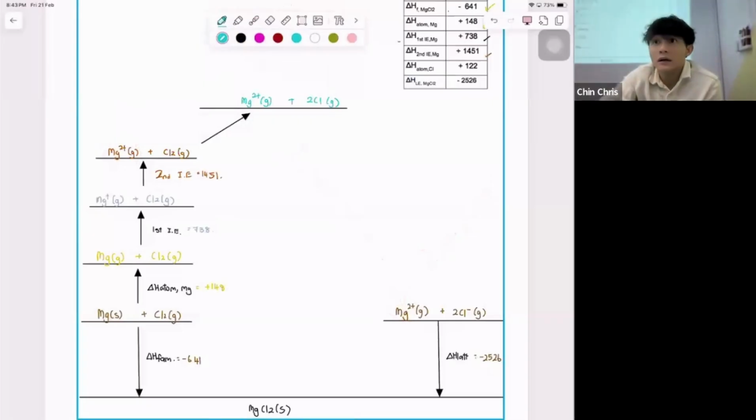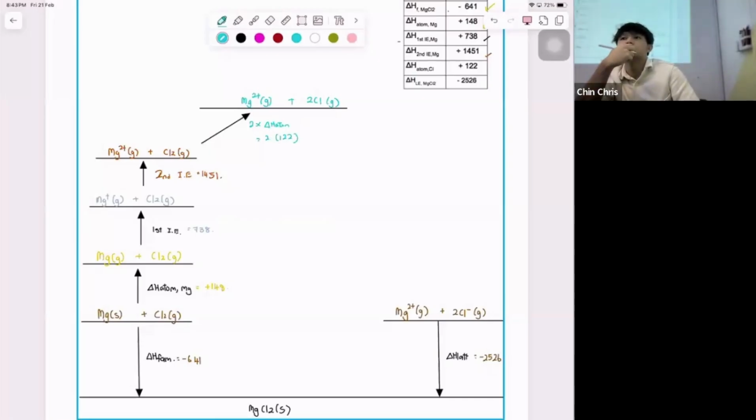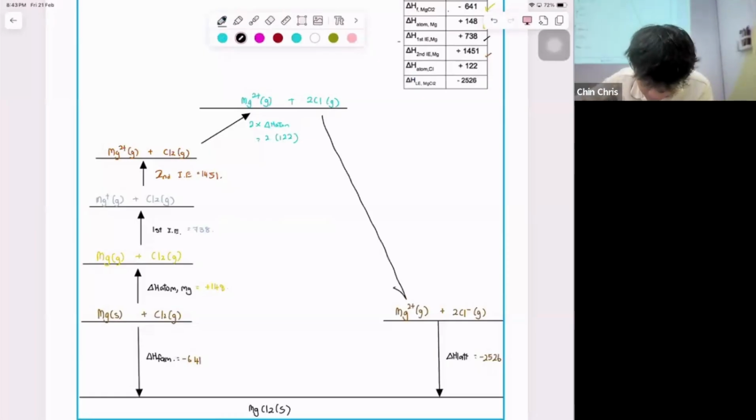Guys, atomization produces 1 mole, so since it's 2, it's going to be 2 times atomization. Two multiplied by 122, right? Alright guys, finally Cl turns into Cl minus.